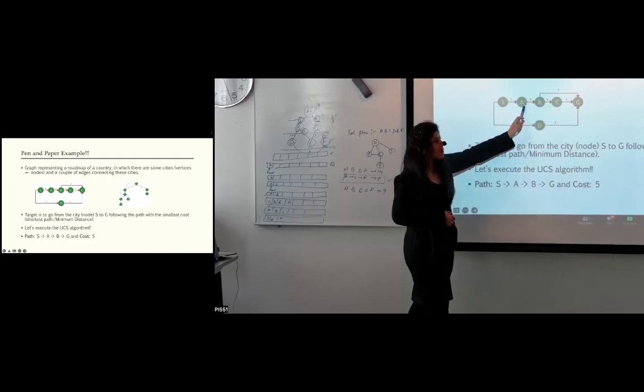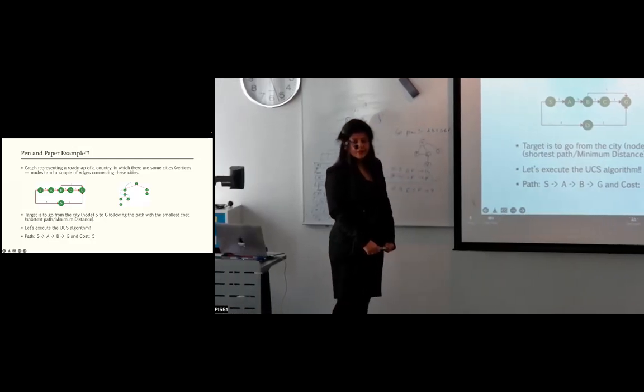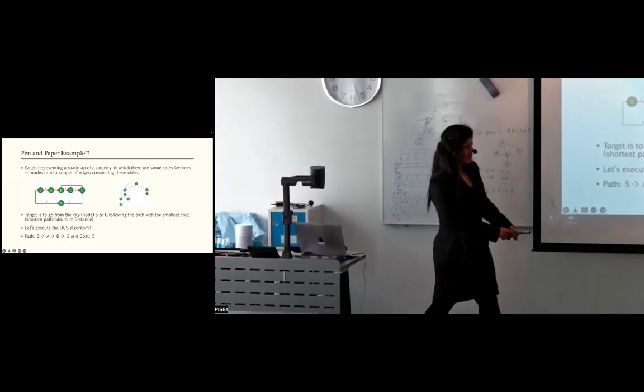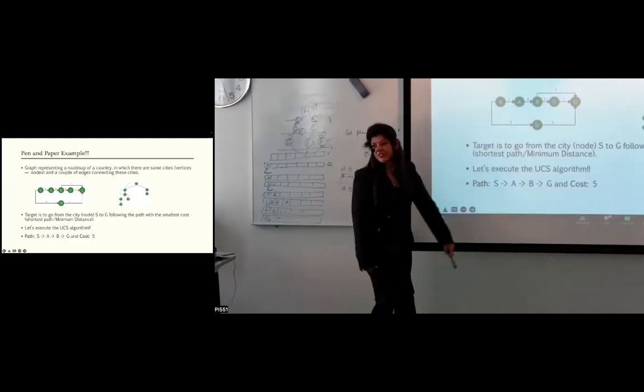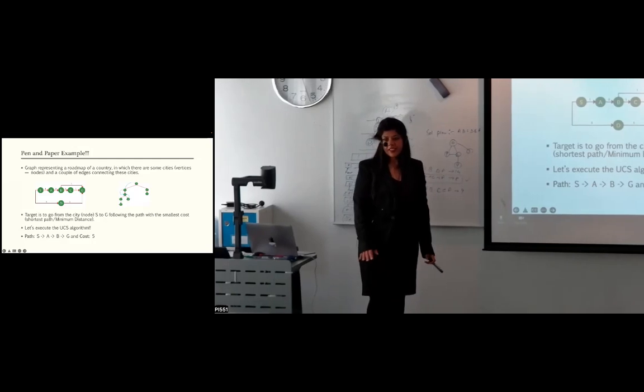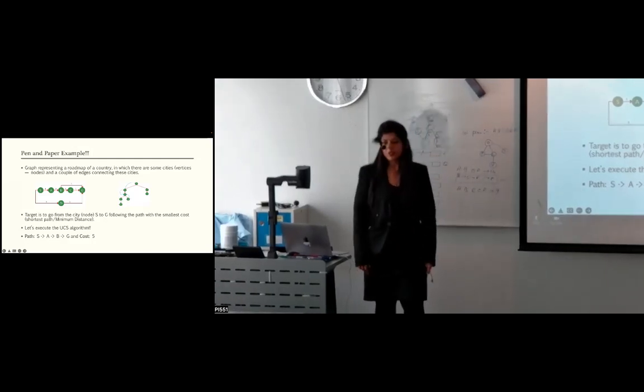So the solution plan would be S, A, B, and G. So in that way, your uniform cost search algorithm works.